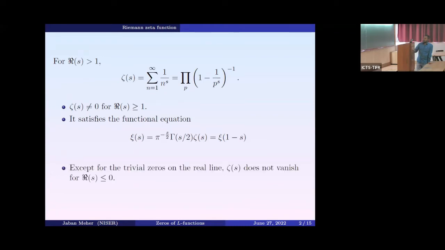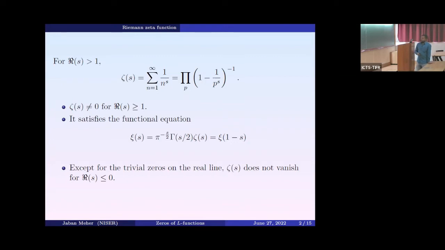So if we look at the zeros of the Riemann zeta function, we get trivial zeros on the real line, for real part of s less than or equal to 0. So on the real line they lie, and except those zeros, it does not vanish anywhere else in real part of s less than or equal to 0.